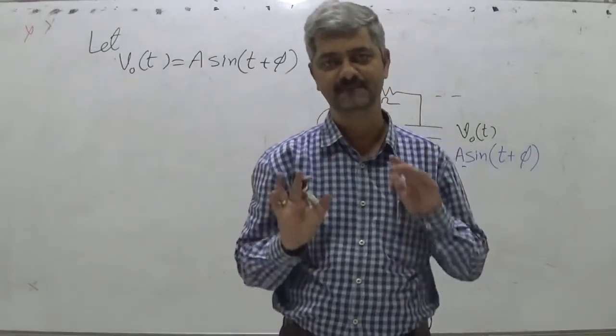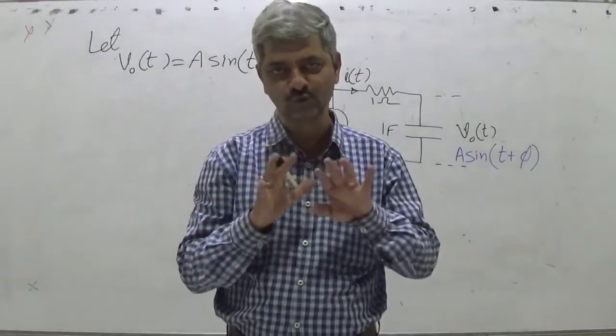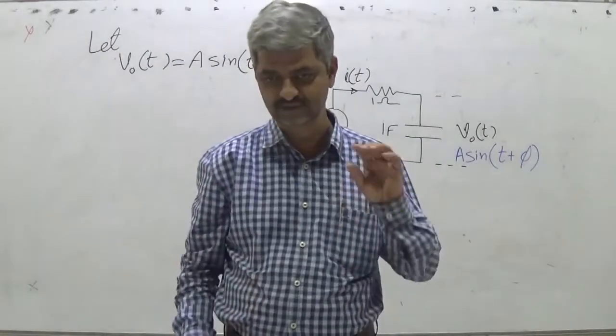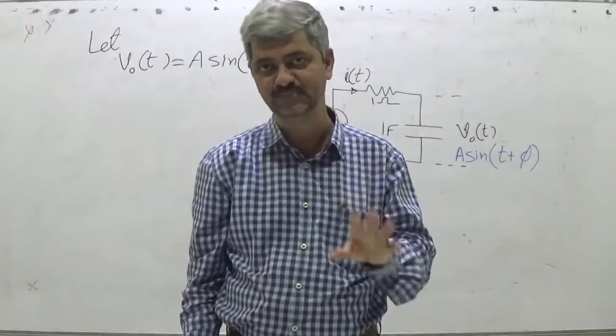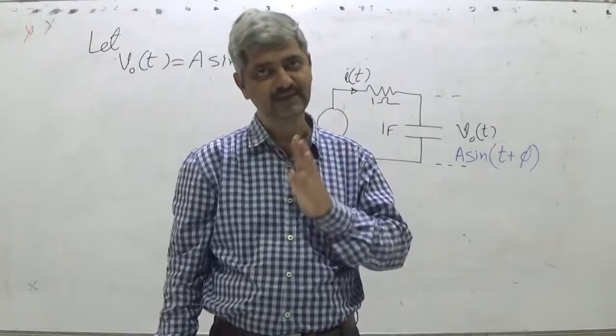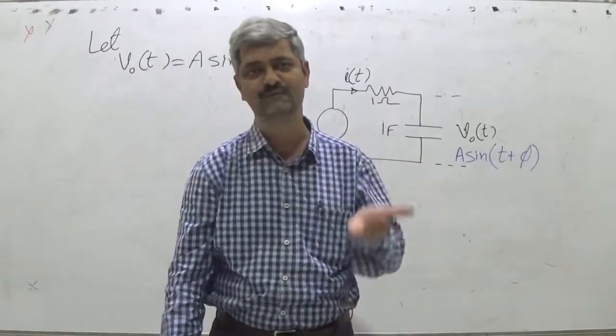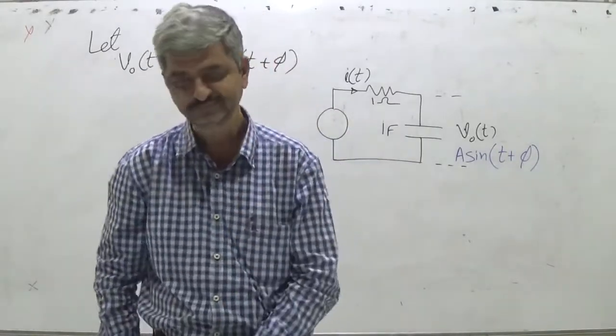I think there is no mistake in this assumption, because we took the sinusoid of the same frequency. A is the amplitude which I have to find out, and φ is the phase which I have to find out.